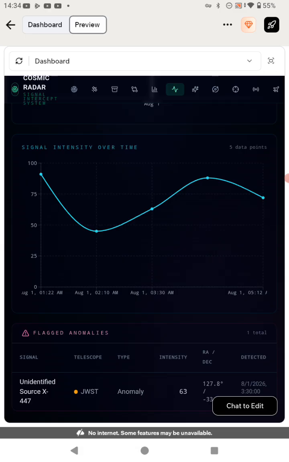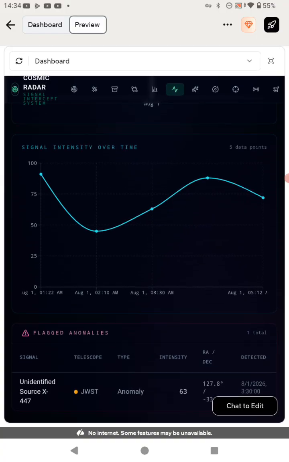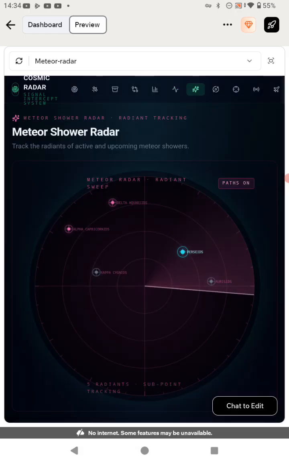Okay, so the direction is 127.8 degrees, and the other one is negative 33 something. I can't read the rest of it because it's got that chat to edit. I wish that I was able to do a full preview of this app where I wouldn't have any problems and everyone can see what's going on.